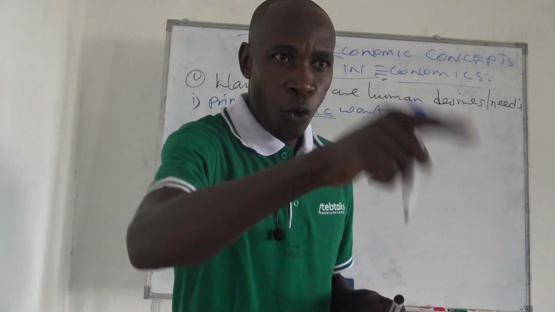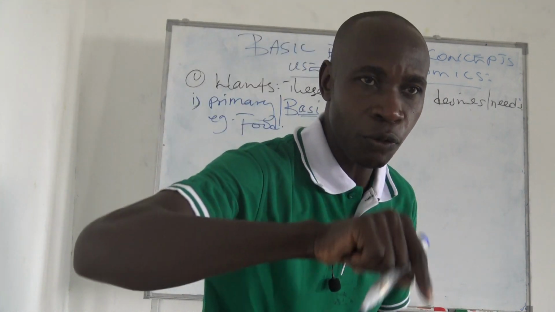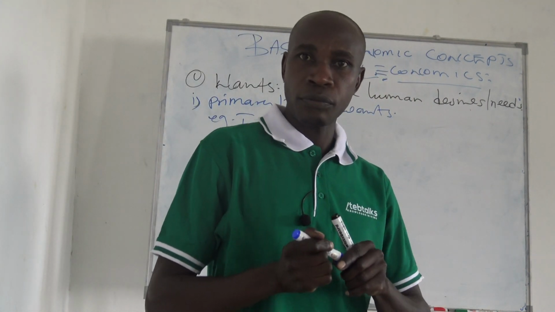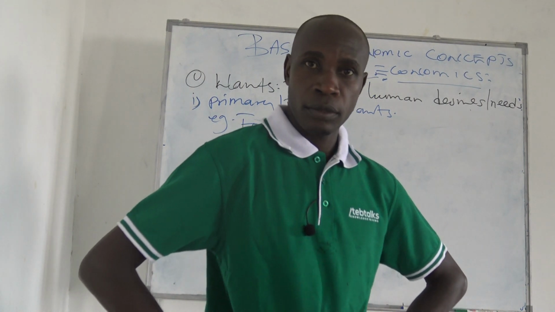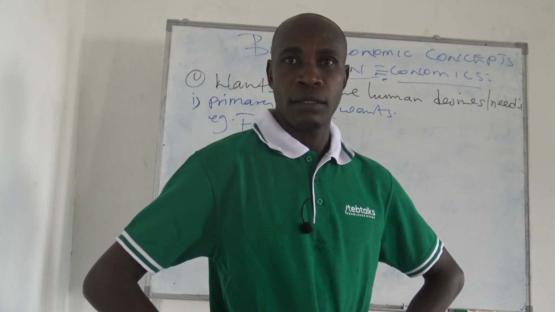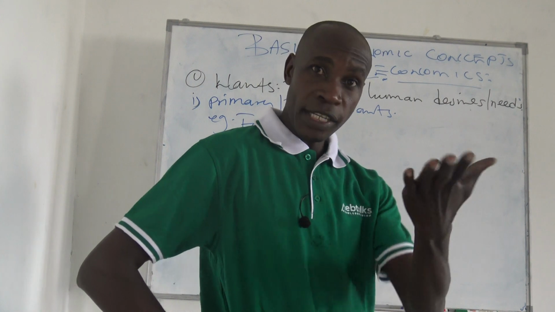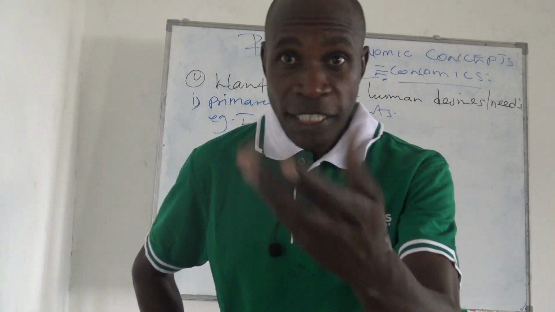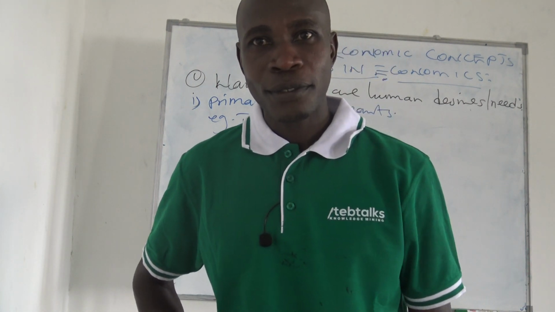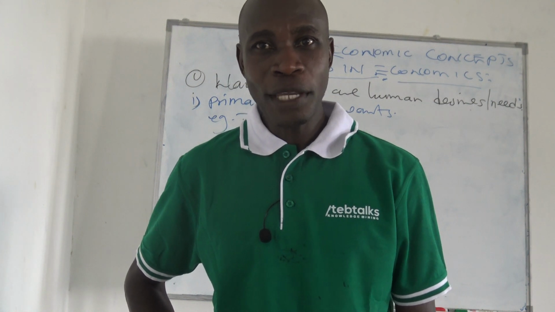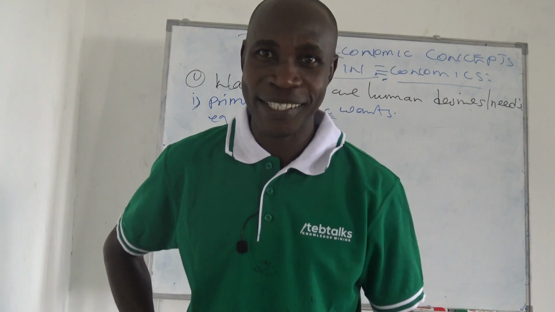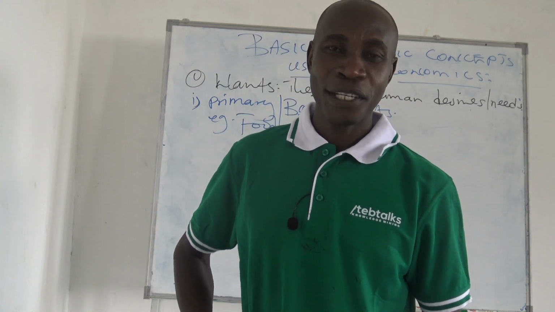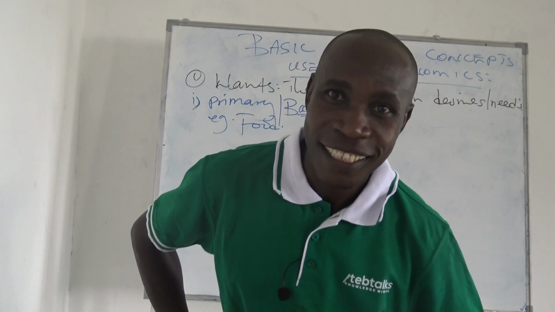The rest of you, who of you can live without food? Tell me. None of you. Raise up the hand if you are there. Raise up the hand and we see. Maybe you may be having supernatural powers.